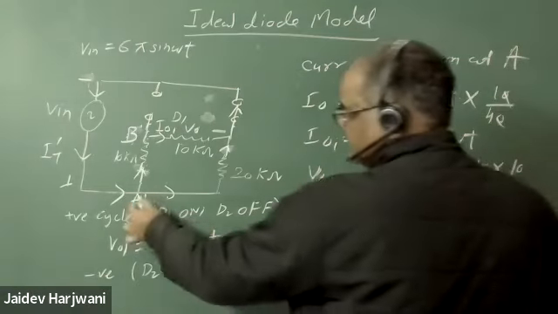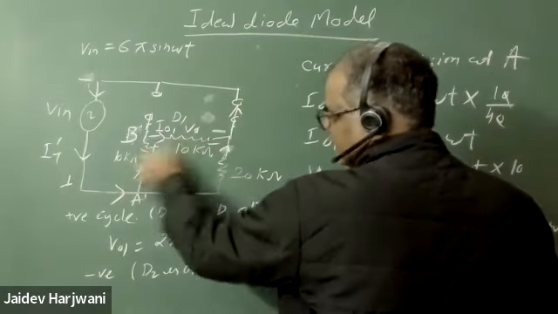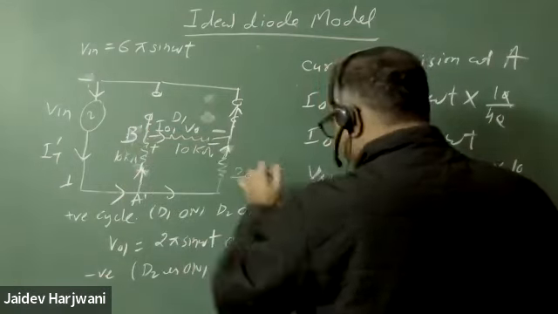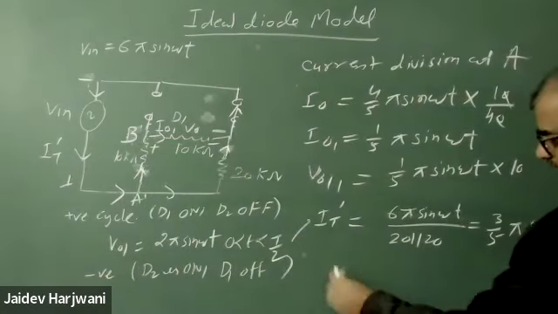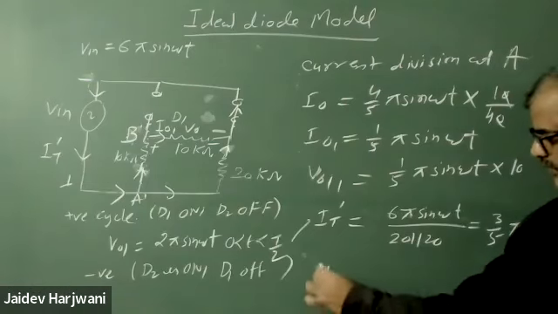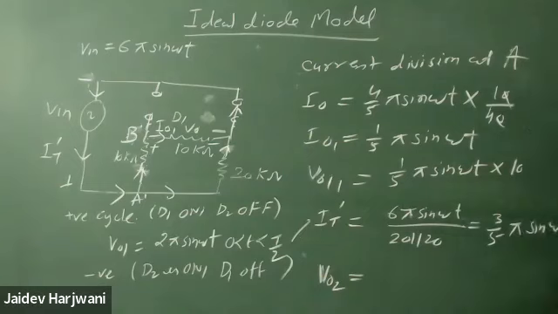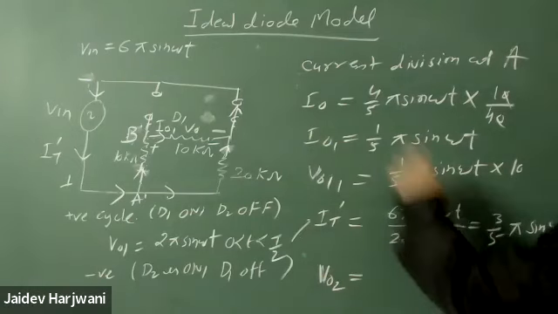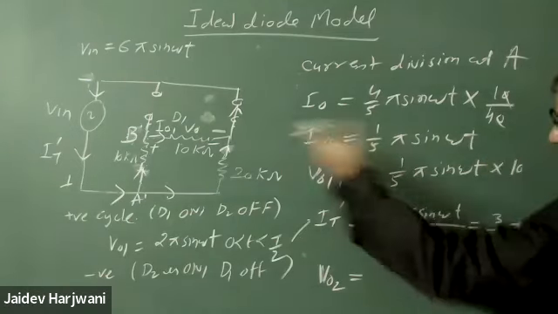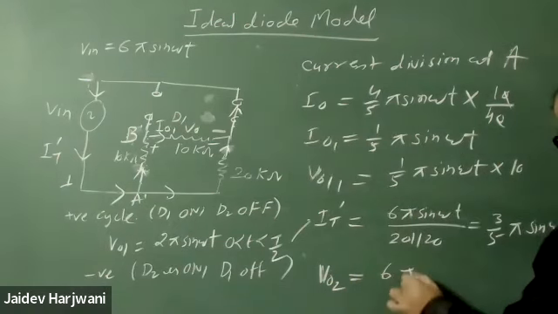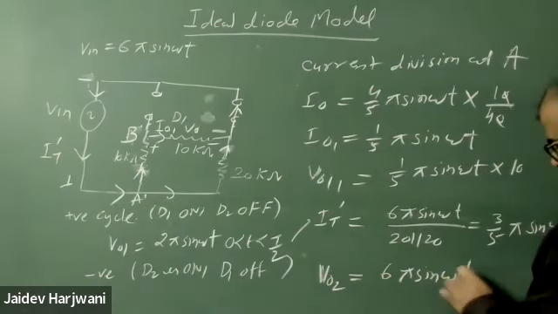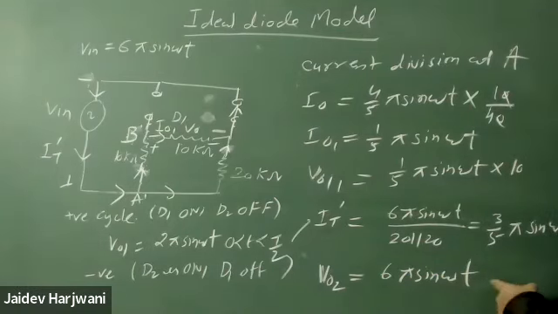Since current is flowing like this, voltage is again in the same direction, as earlier. This time I call this voltage V02, you can mention it in the circuit. So V02 will be 3 pi multiplied by 10, so you get 6 pi sine omega t. But I cannot put the period here, once I put the period, the sine omega t function is there, so you will take positive or negative.